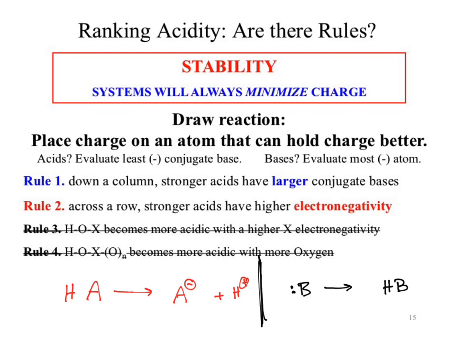The reaction happens. In which case, what do I produce? H+, which would be acid. When I look at the base, do I want to minimize the charge on the base? Why not? Because it's a base. It's different than acid. What is the base trying to do?